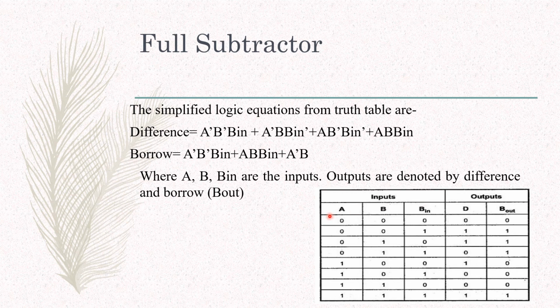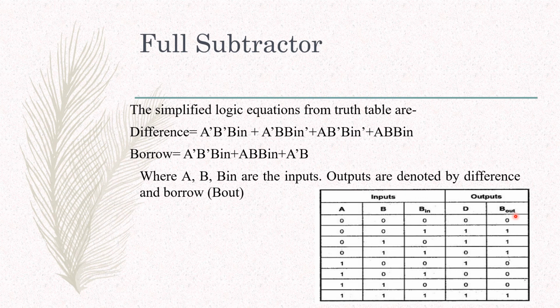So this circuit has three inputs, A, B and B in, and signifies the minuend, subtrahend and previous borrow, and the two outputs, difference and borrow output.